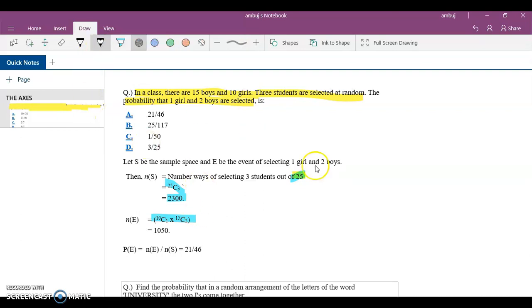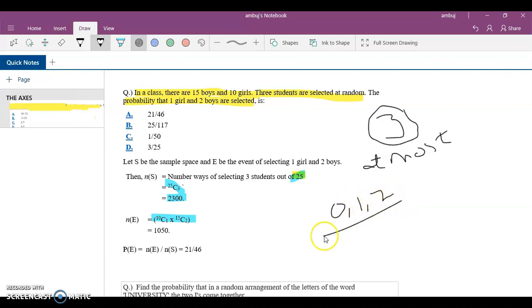Now suppose you have a question like 3 students are to be selected, and out of the 3 you can have at most 2 boys. At most 2 boys means you can have 0 boys, 1 boy, or 2 boys. For that type of question you need to see that as there are 3 students, if there are 0 boys, then definitely there would be 3 girls.